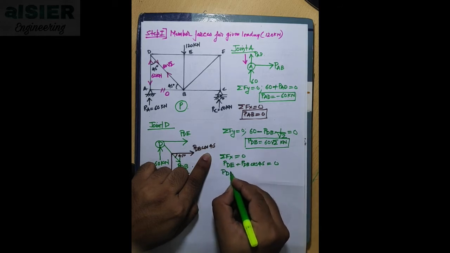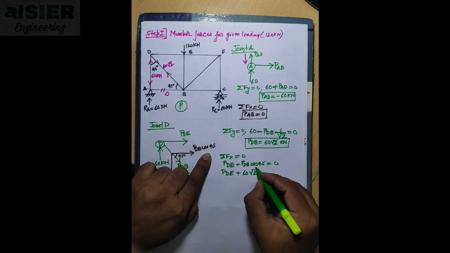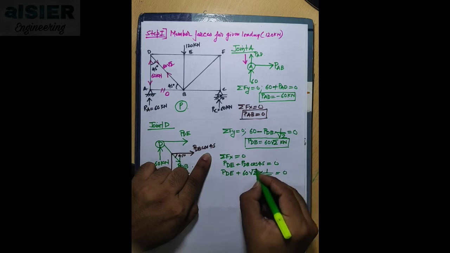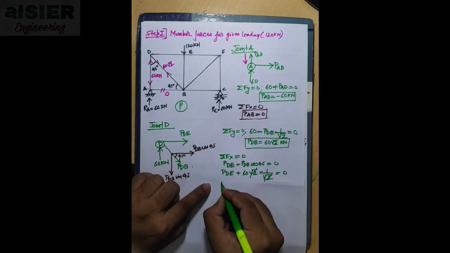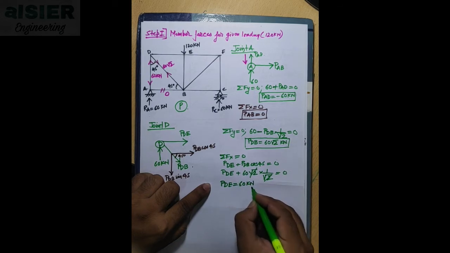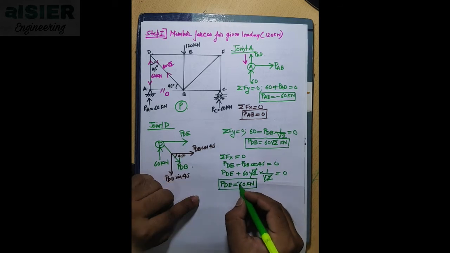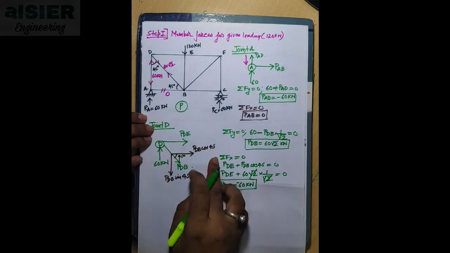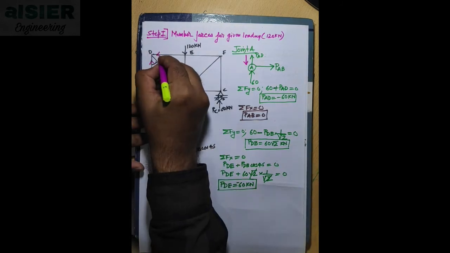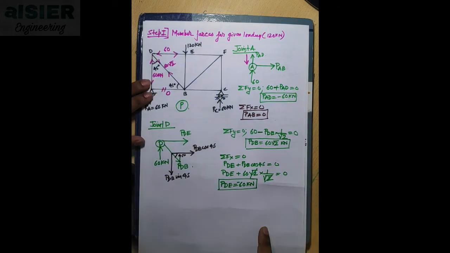Now PDE plus 60 root 2, and cos 45 means 1 upon root 2, equals 0. So root 2 will get cancelled, and we will get PDE equals 60 kilonewton minus 60 kilonewton. Right? Now minus sign indicates that our assumption is wrong. It is not away from joint, it is towards joint. So we will mark here like this 60. Okay.